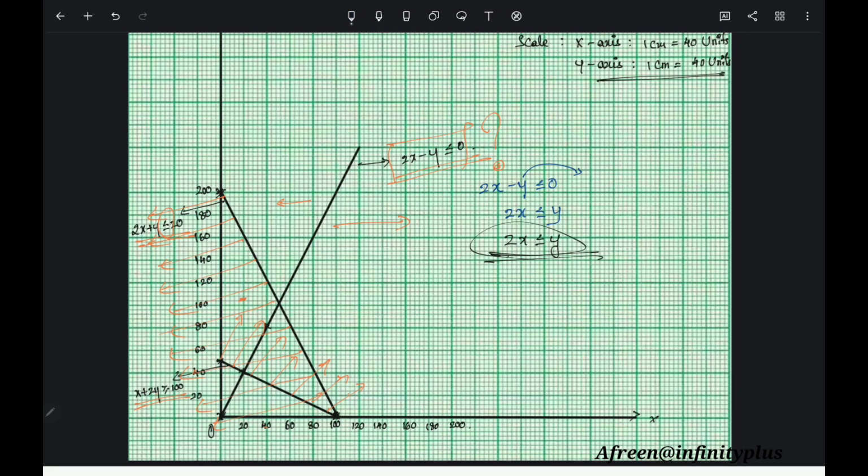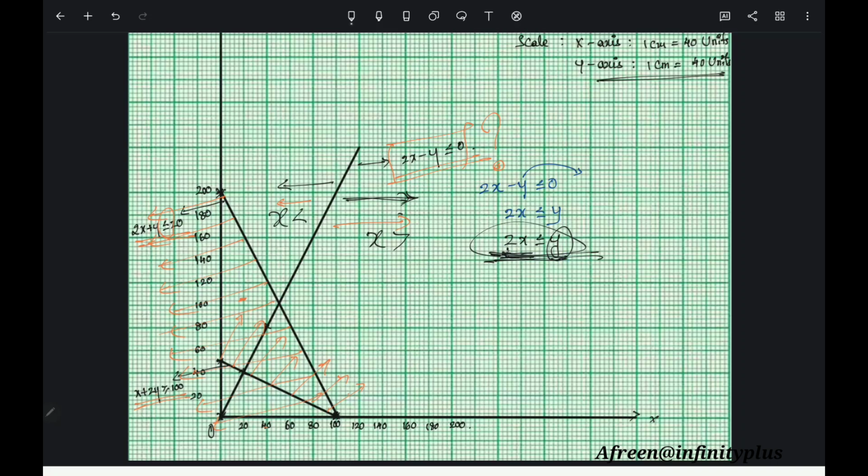Some students make a mistake by marking a different region as the solution. So first understand how to mark the solution region. Since 2x is having lesser value than the y coordinate, you can observe on either side of the line. This side you can observe that the x value is greater, and this side you can observe that the x value is lesser. So obviously, what they have given in the equation?